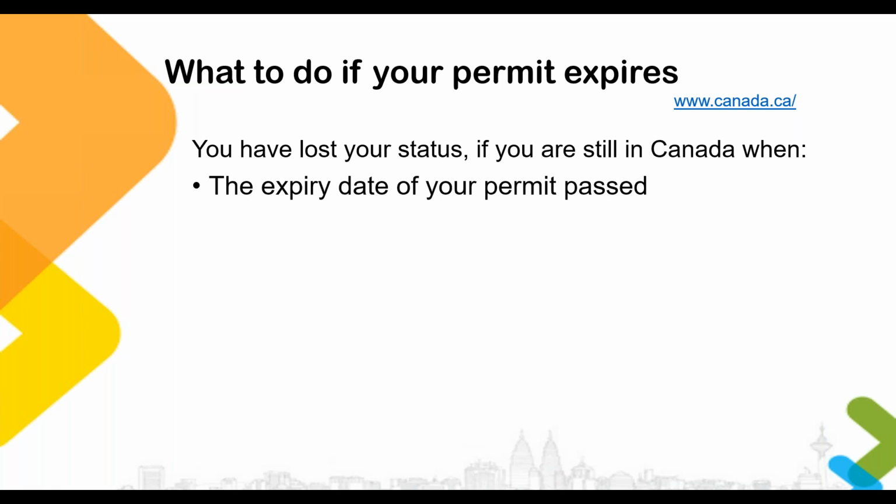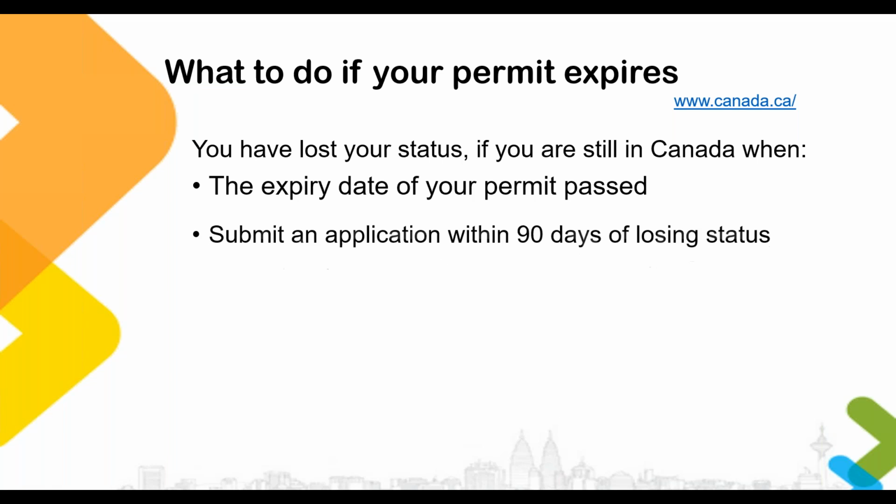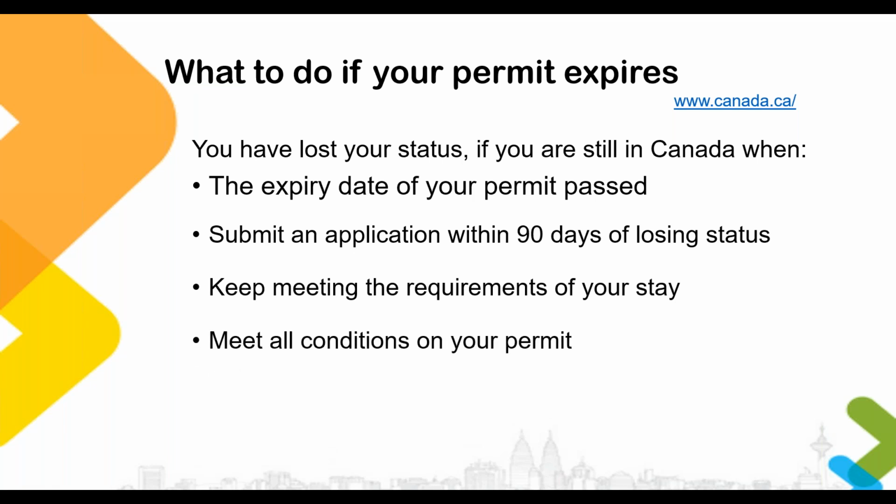If the expiry date of your permit has passed, you will lose status if you have not yet applied. So one of the things that we strongly suggest for those who may be in that particular situation is that you apply for a new study permit, a work permit, or apply as a visitor in Canada.